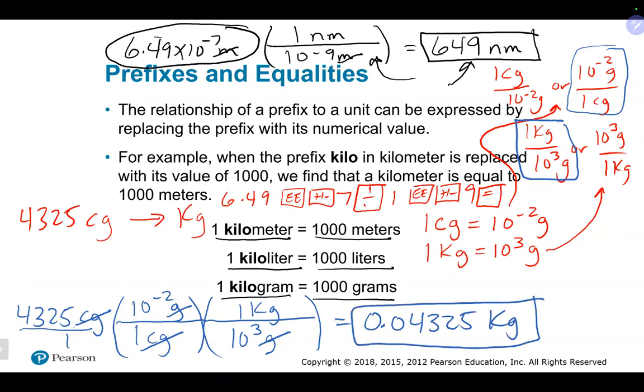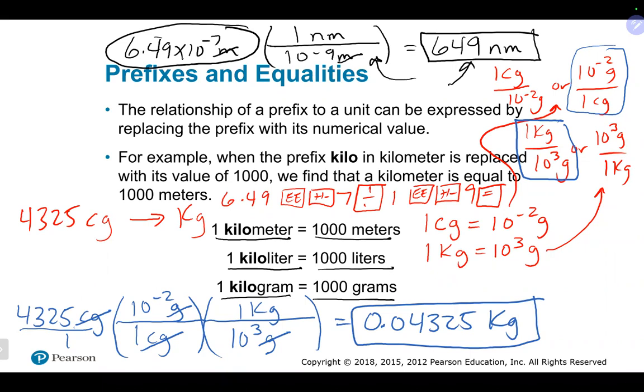Any questions on that there? The answer that I got has how many significant figures? It has 4. Is that the right number of significant figures in this case? It is, because when we look at this calculation, the 1 kilogram to 10 to 3 grams is a metric to metric exact number.